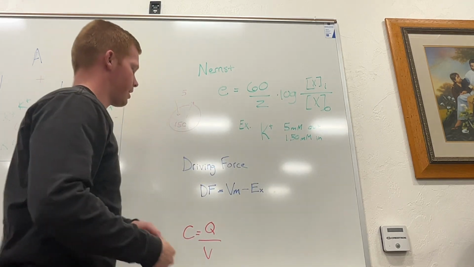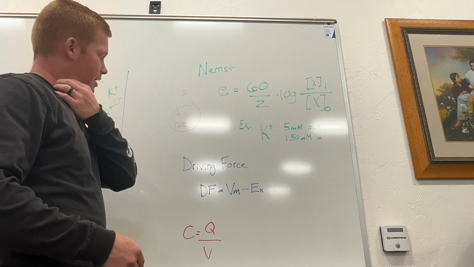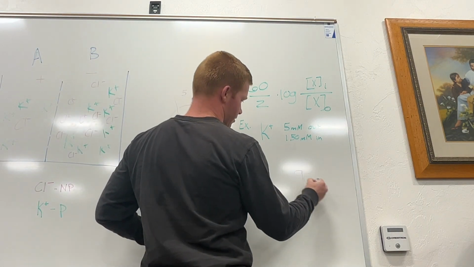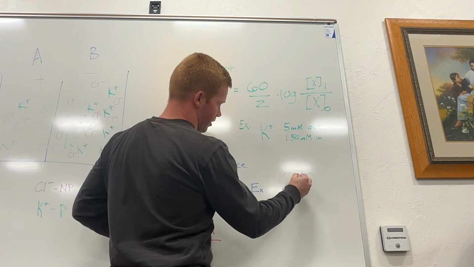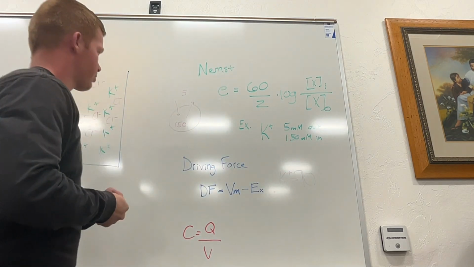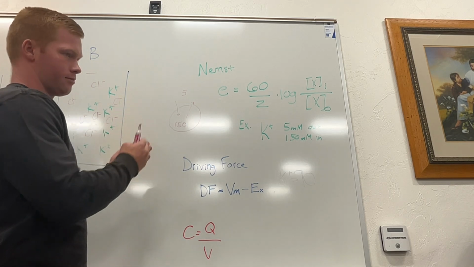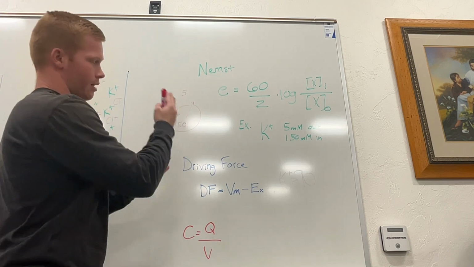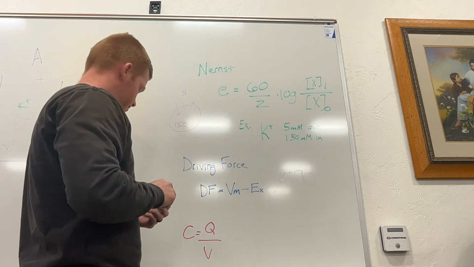I think that gets us, I want to say like 90. The Nernst for potassium is about 90. And so when it hits 90 millivolts, that's when we have the same amount of potassiums coming in and out due to the electrical chemical gradient.